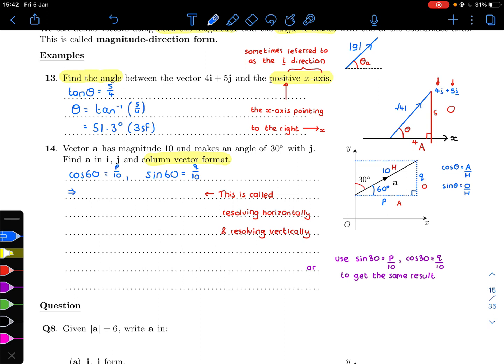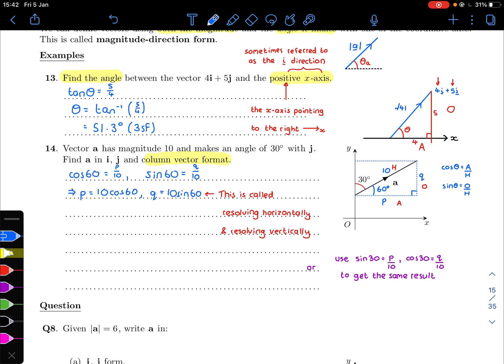Multiplying both by 10, P is 10 cos 60 and Q is 10 sine 60. We call that resolving horizontally and vertically: I've resolved horizontally to find the horizontal component P, and vertically to get the y component Q.